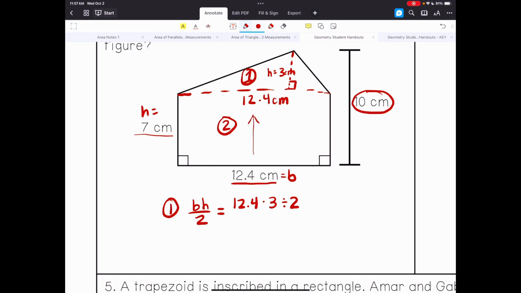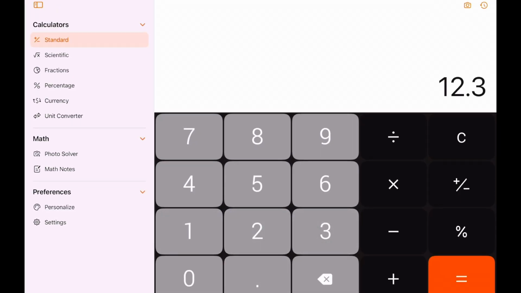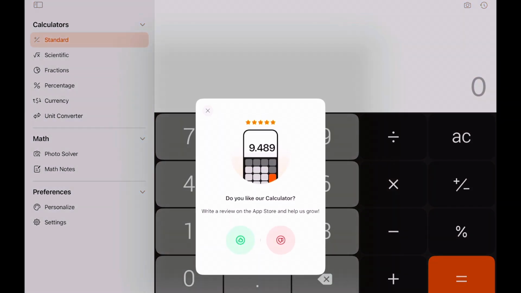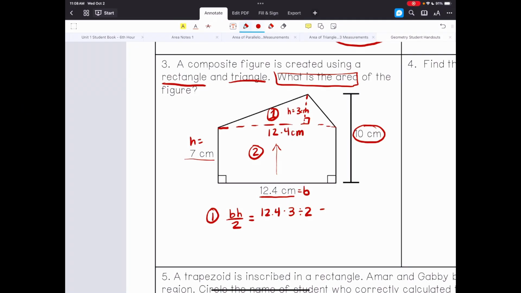So I'm going to actually do that in the calculator. 12.4 times 3 equals, and then we're going to divide it by 2. 18.6. 18 and 6/10 centimeters squared is that triangle.